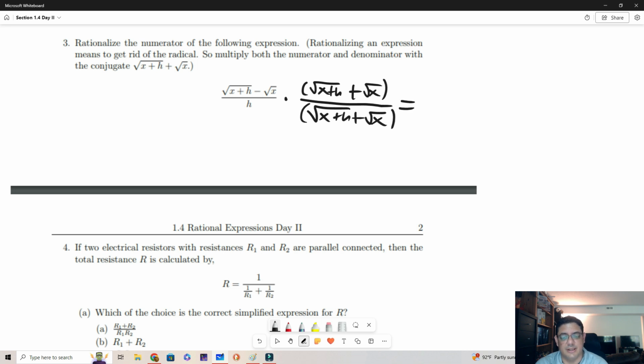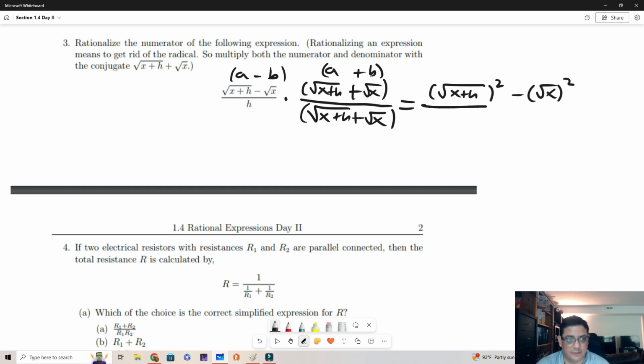Now notice that this is like a term a minus b, and this will be the a plus b situation. And so because we're doing a difference of squares, this is going to give me the square root of x plus h squared minus the square root of x squared, divided by h times the square root of x plus h plus the square root of x.